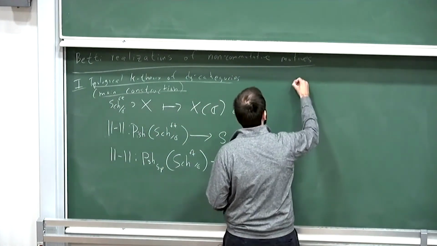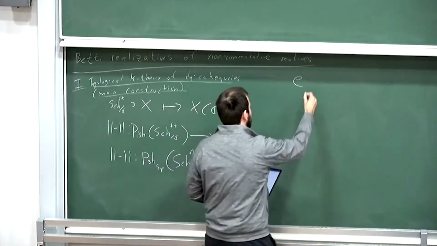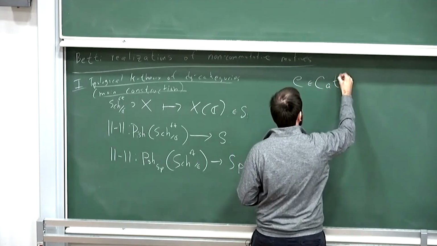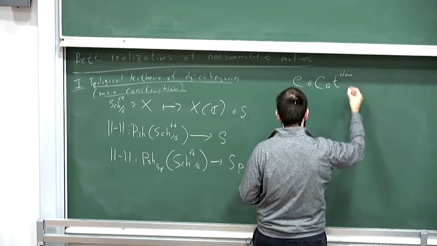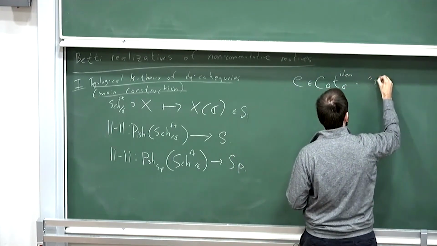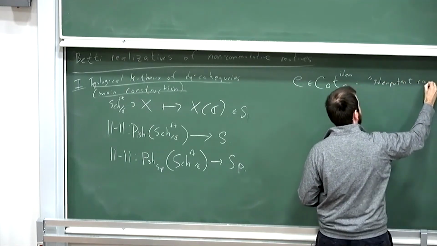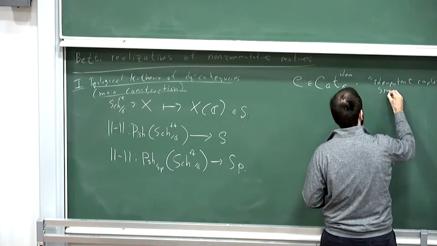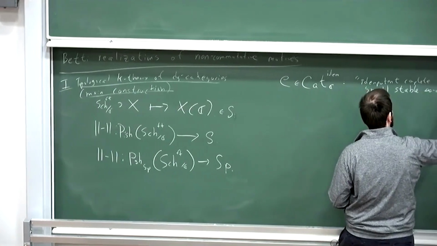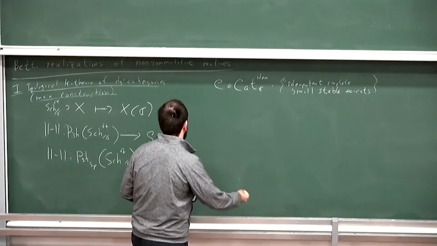So given, right, the point is we want to define an invariant of complex linear stable infinity categories. So start off with a category C, and this is, I'll just use this notation, idempotent complete stable infinity categories. So, right, we start off with this.